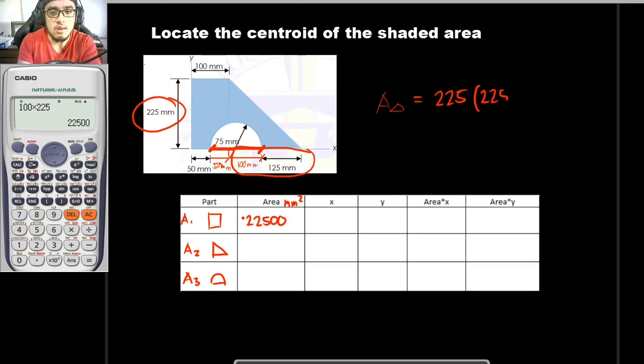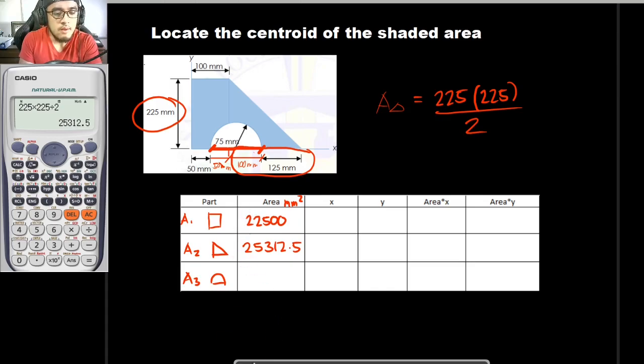So 225. So the area of a triangle is 1/2 base times height, so I would be dividing this by 2. So 225 times 225 divided by 2, that is to be equal to 25312.5. So I would be erasing this dot right here.